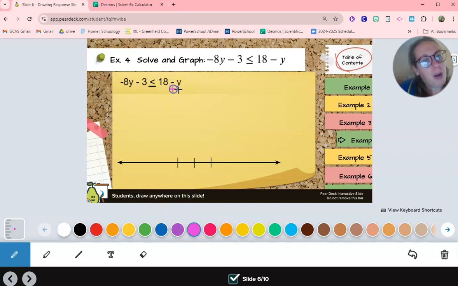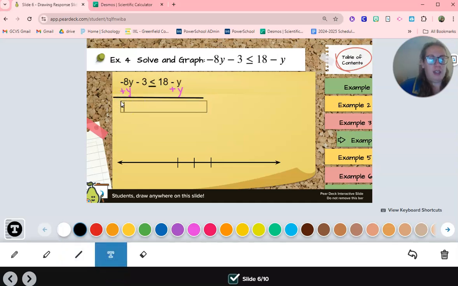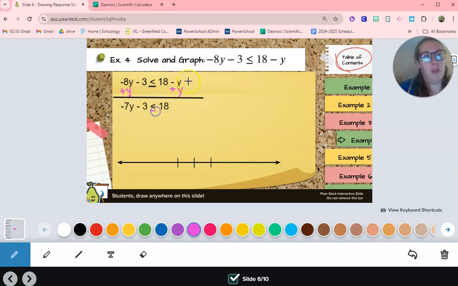So I'm going to add a y to both sides. Negative 8y plus y is a negative 7y minus 3 less than or equal to 18. Y minus y canceled on the right, which is great.